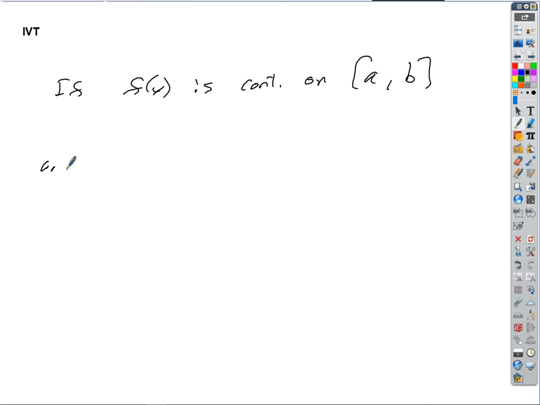And there exists a real number, called k, I think. Different books call it different things. A real number k such that k is between f of a and f of b. Doesn't matter which one's bigger and which one's smaller, right?